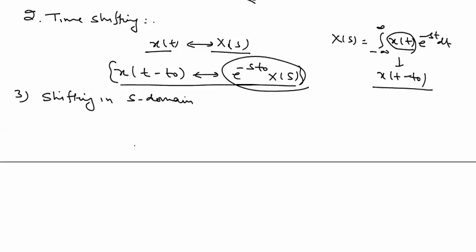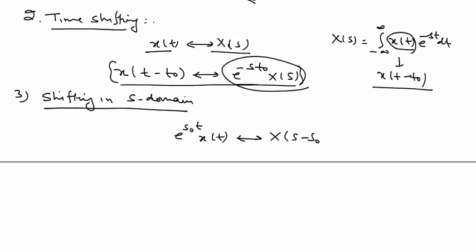The property is just a change of variable, shifting in the s domain. If an exponential term is multiplied with this, the result is a change in the s domain. ROC is also modified.